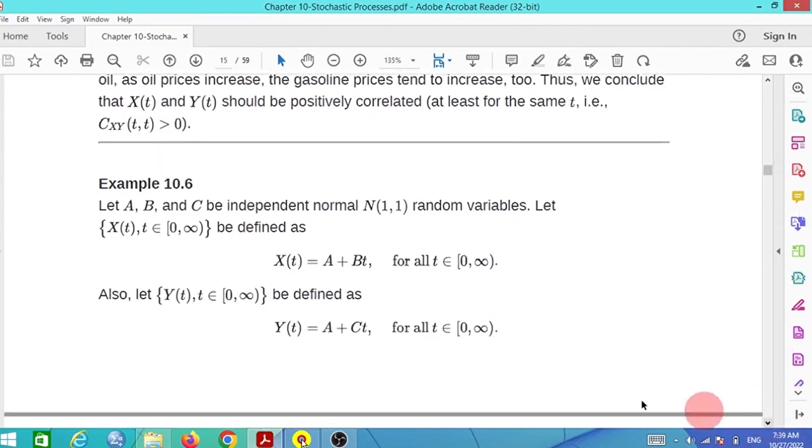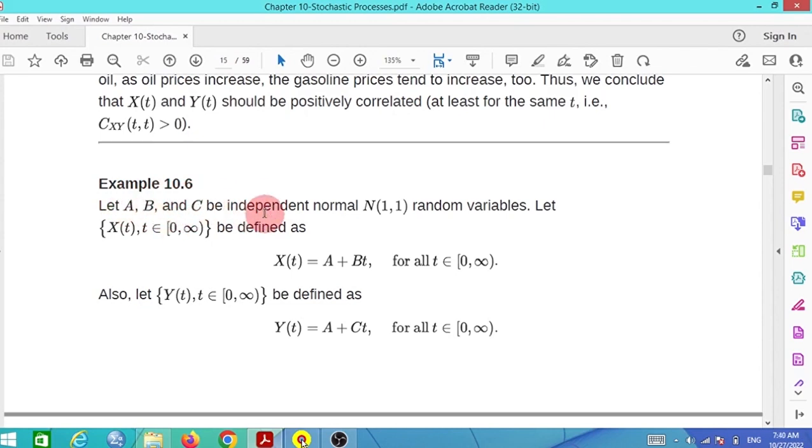Let A, B, and C be independent normal random variables with mean 1 and variance 1. So you have three random variables: A is a random variable, B is a random variable, C is a random variable.